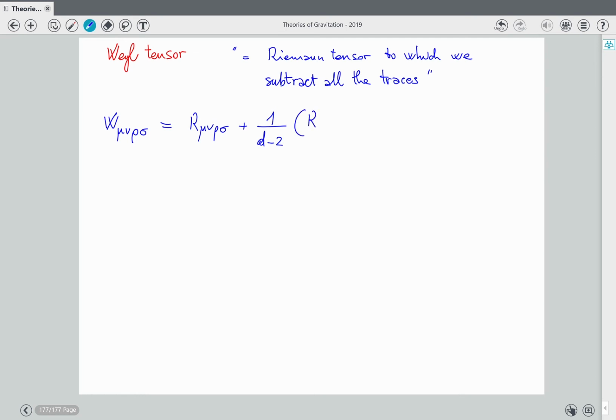We have R_μσ g_νρ. You just subtract the traces, so there is not much you can write. There are two terms that you can write with just the right coefficients in front.